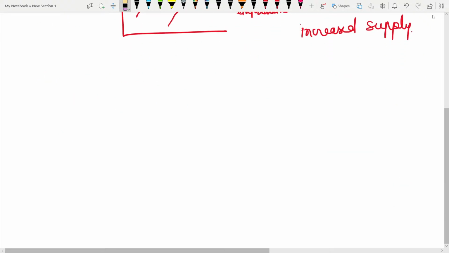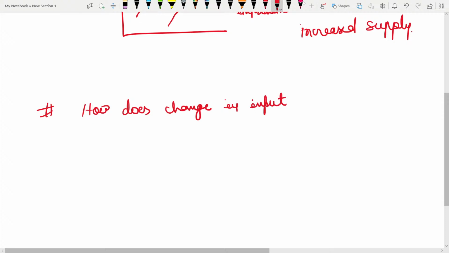Now the second factor which is responsible for affecting the supply curve is input price. So how does a change in input price affect the supply curve?